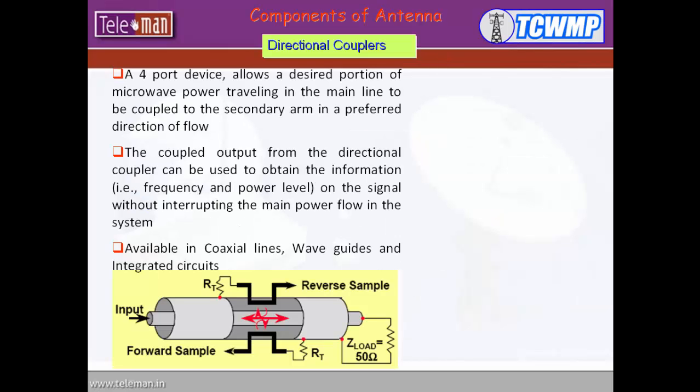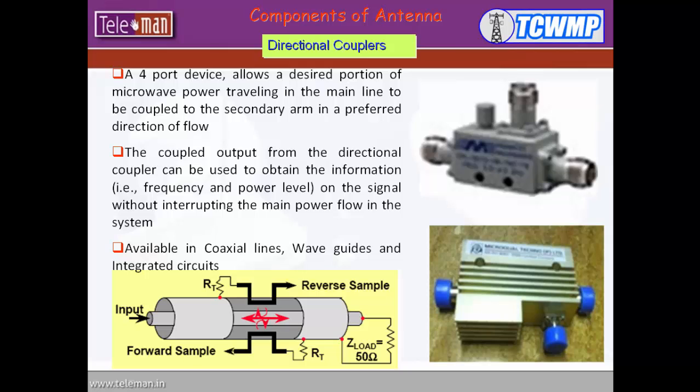Then directional couplers. Directional couplers are a 4-port device, as we studied earlier in our engineering. It allows the desired portion of microwave power traveling in the main line to be coupled to a secondary arm. So here you will find 4 different ports: input port, output port, and 2 other ports.